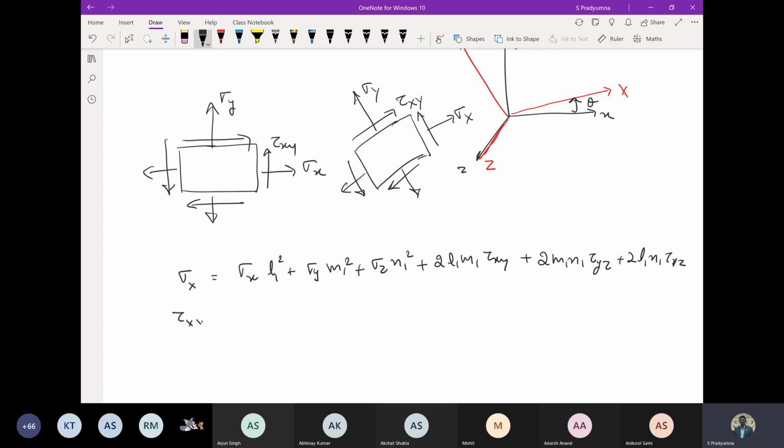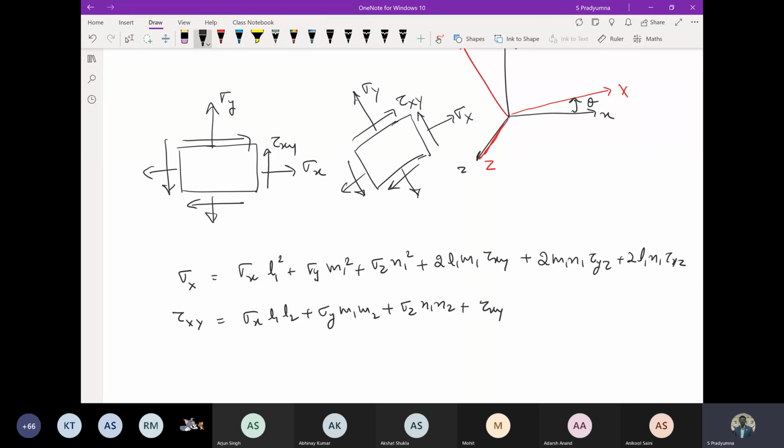Similarly, tau capital XY is equal to sigma x L1 L2 plus sigma y M1 M2 plus sigma z N1 N2. So these are the equations we have already discussed. I am repeating the same equation again.